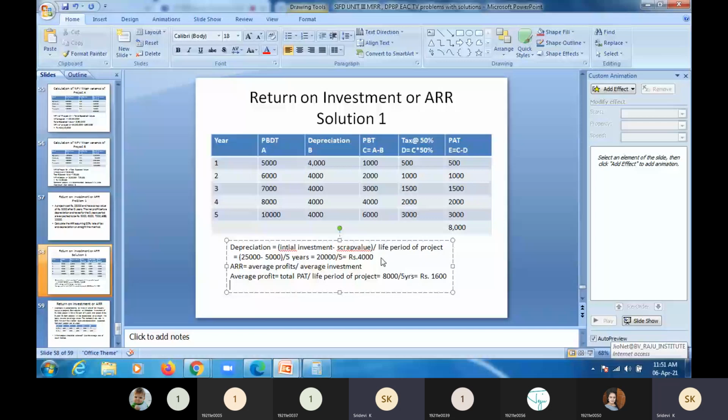And average investment is equal to, what is the formula? Average investment is equal to project cost minus scrap value divided by 2, plus scrap value.